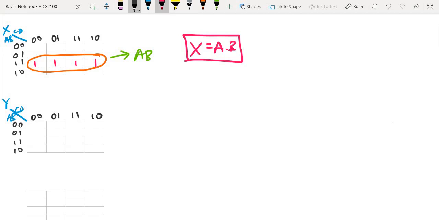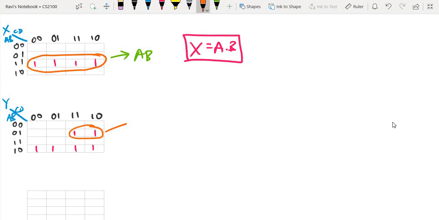Now I'm going to fill up the ones. I have 4 ones here and 2 ones here. In terms of grouping, these two will form a group, and when you group 2, one of the elements will be eliminated, the one that is changing.